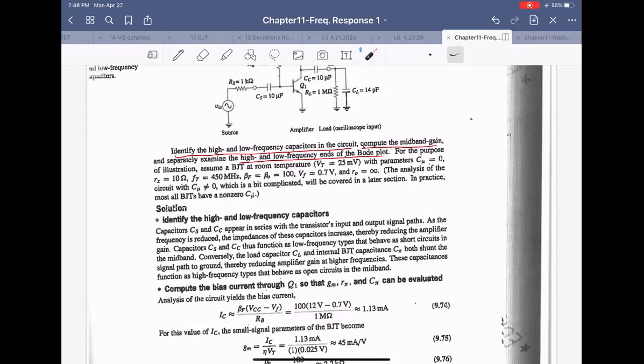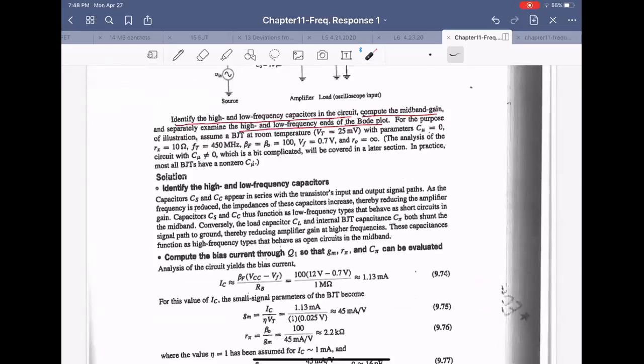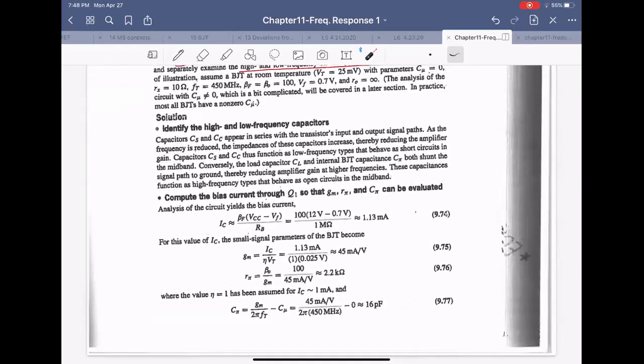To get the voltage gain, the simple one is minus GM times RC, right? So we have to know about GM, the transconductance. Transconductance is given by IC over VT. IC is 1.13 milliampere. VT in this textbook is 25 millivolts.